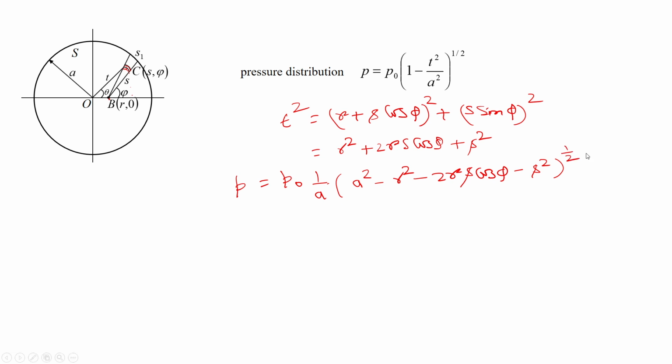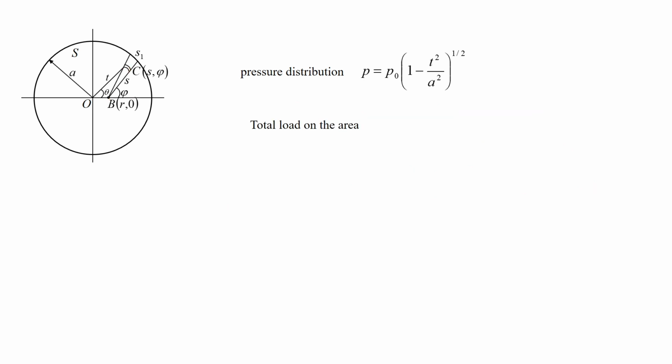So, this should be the distribution of this pressure, and that is the way you can write it. Now, let us see how to proceed. Let us first calculate the total load on the whole area.